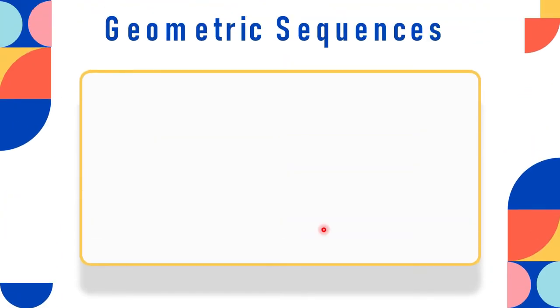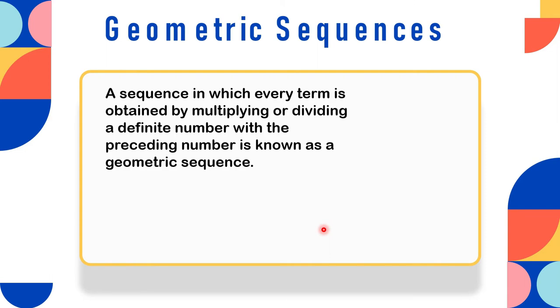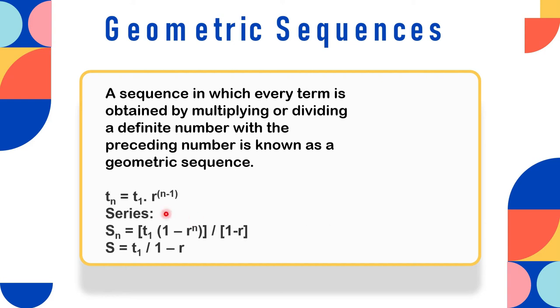Okay, now about the geometric sequence. A sequence in which every term is obtained by multiplying or dividing the preceding number by a definite number is known as a geometric sequence. So Tn equals T1 times r to the power of (n minus 1).